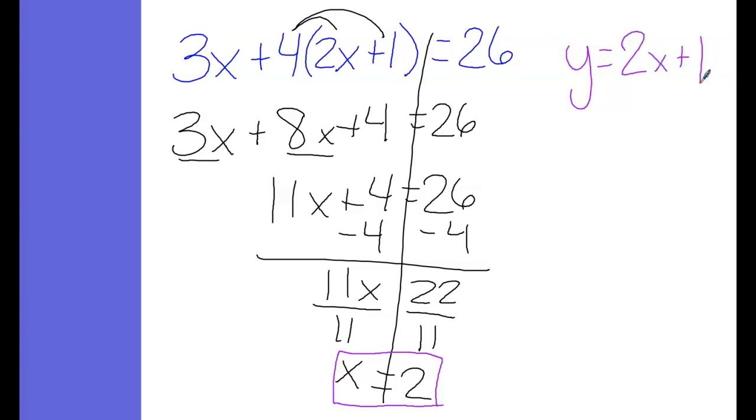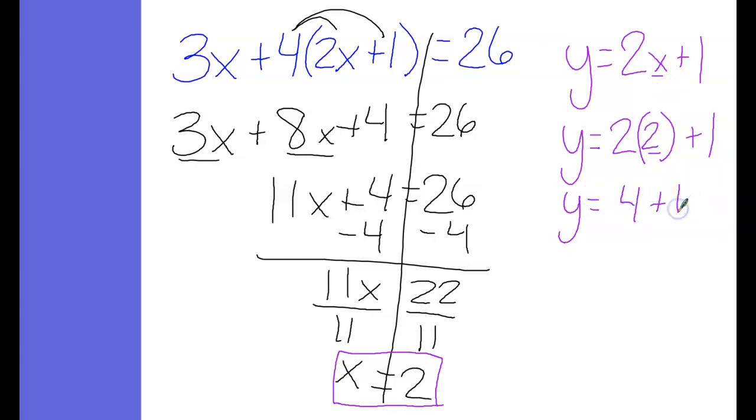If I substitute it in, I get y equals 2 times 2 plus 1, because I just substituted the value of x in. So 2 times 2 is 4, plus 1. So what does y equal? 5. So what's my final answer? 2 comma 5.